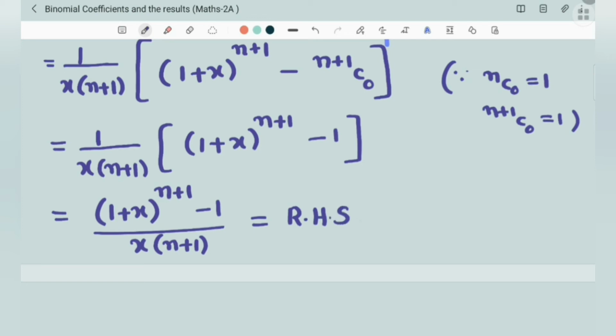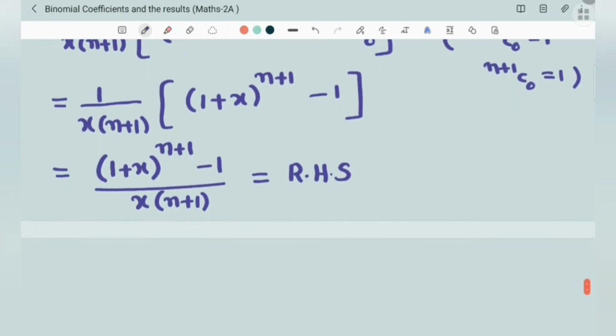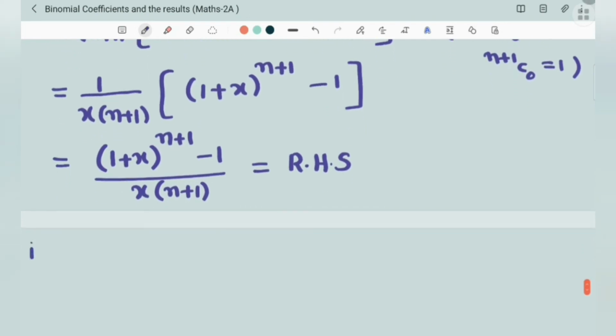Hence we conclude the result, very important, dear students. This result you remember as a shortcut formula for competitive examinations like MHT CET, JEE Mains, BITSAT.